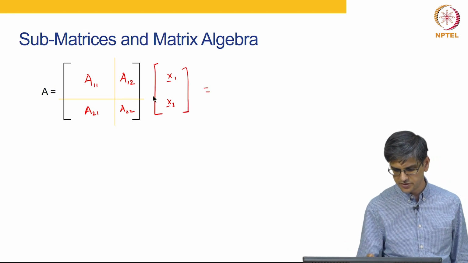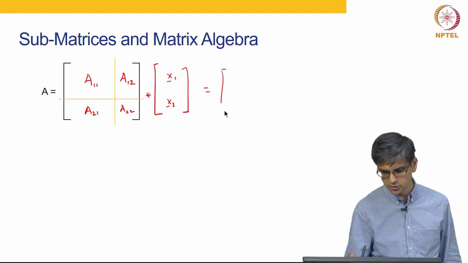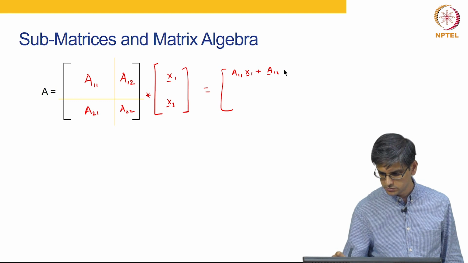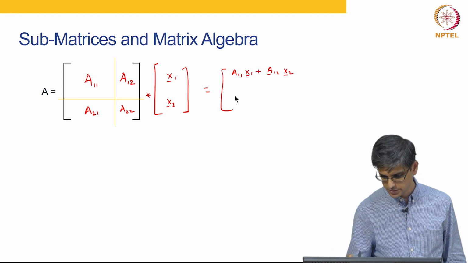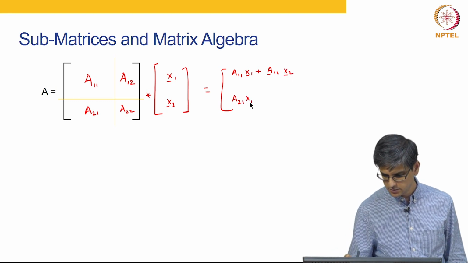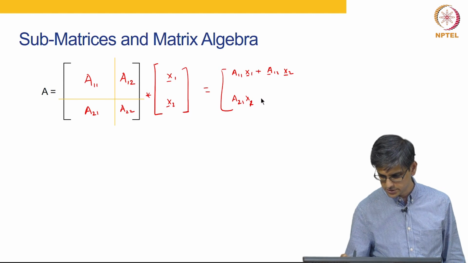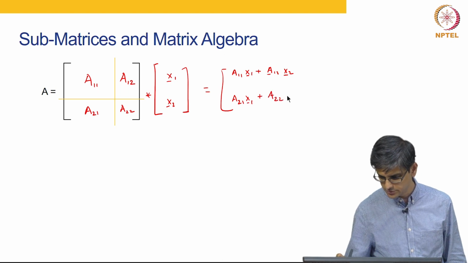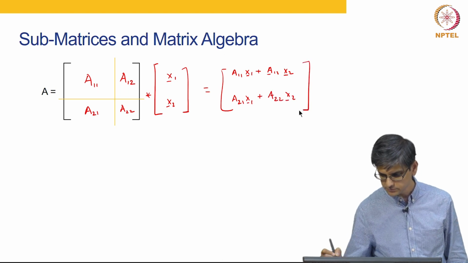The product of this is going to be A11 x1 bar plus A12 x2 bar, and A21 x1 bar plus A22 x2 bar.